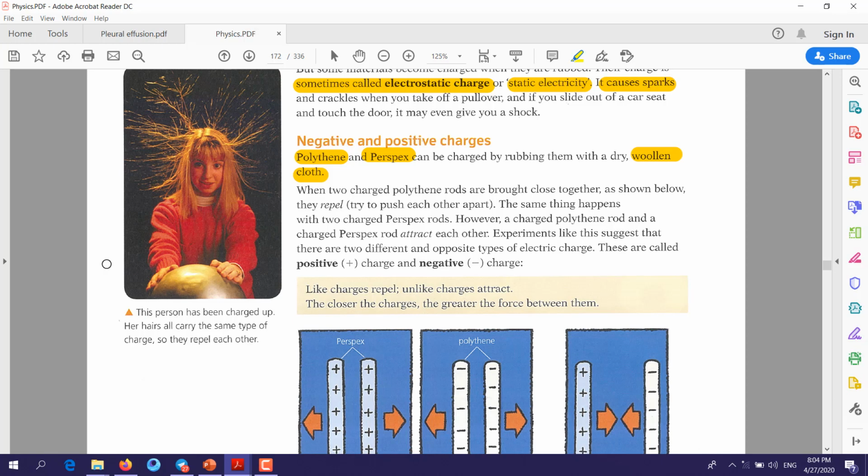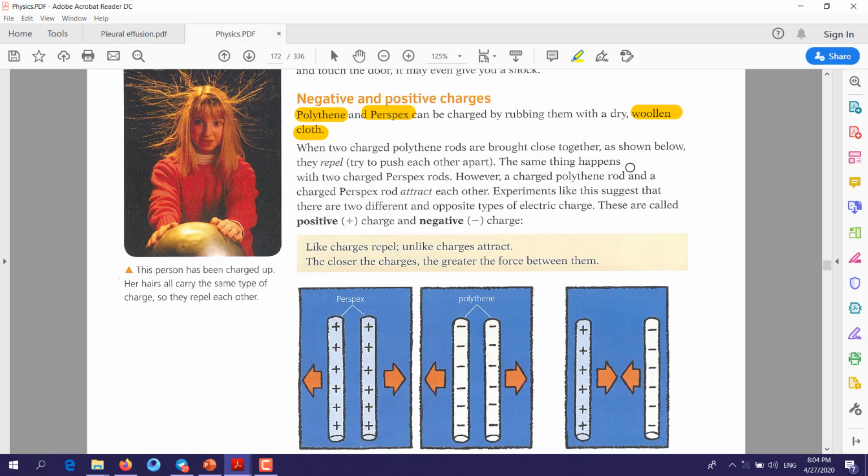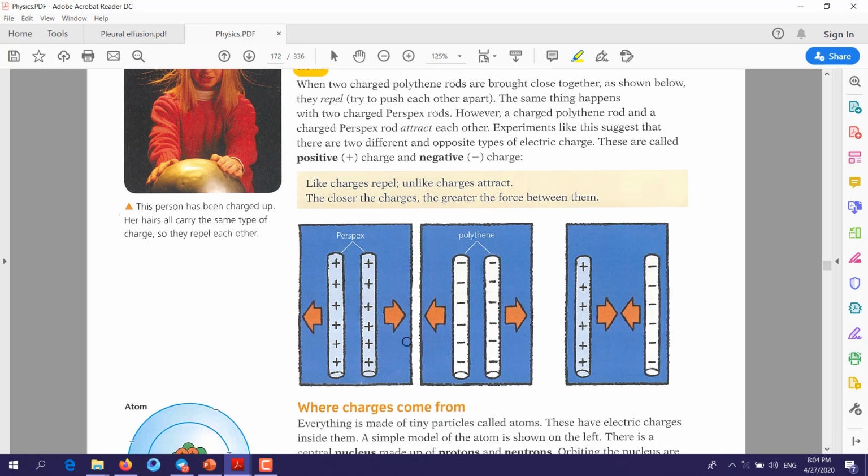But how? Look at these diagrams. Here we have polythene and perspex. When you rub these materials with cloth, the polythene will be negatively charged while the perspex will be positively charged.